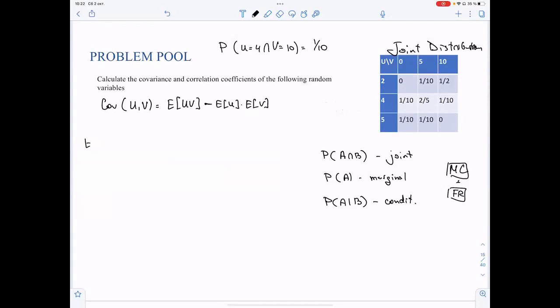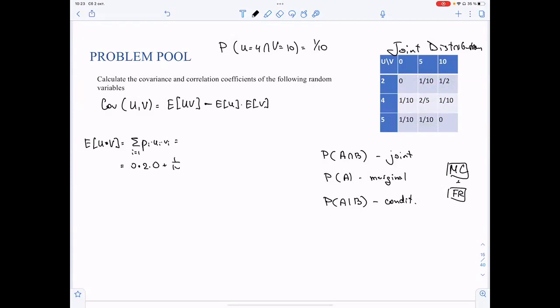The expectation of u times v is calculated as a sum across all possible outcomes, u_i times v_i. And in order to do that, I'm going to pass through all of these possible combinations. Look, with probability 0, u is 2 and v is 0.